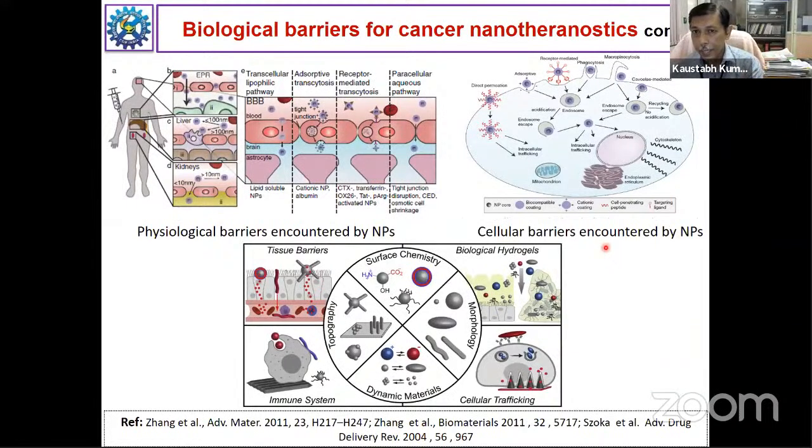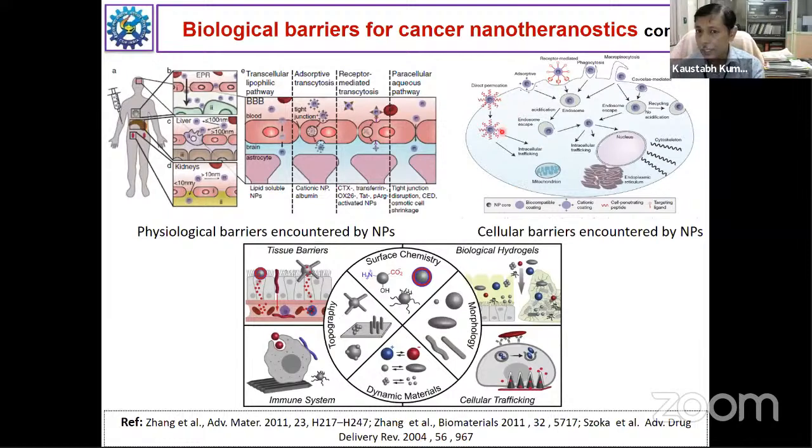When a carrier comes near the cell surface, we have to look at the charge between the cell surface and your constructed nanocarrier. When the interaction is electrostatic, it is called the adsorptive pathway, and the carrier can enter through this pathway.